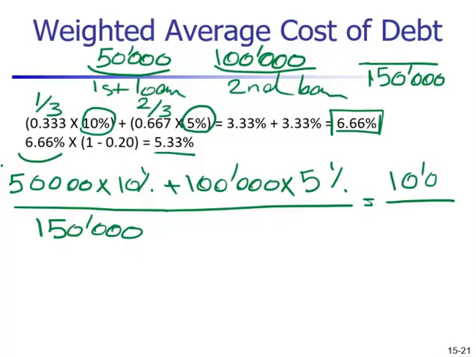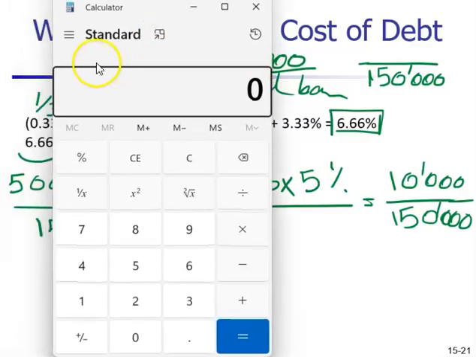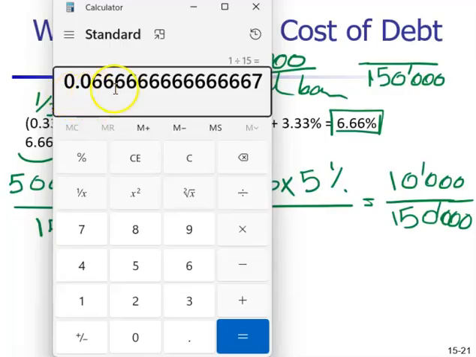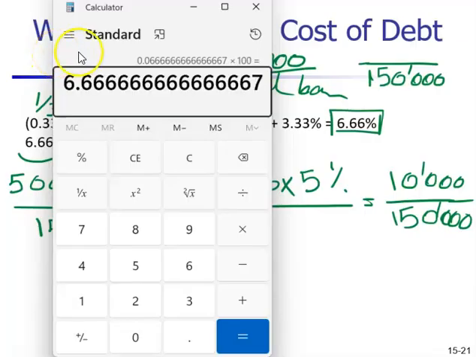So you have 10,000 over 150,000. If you have done this math, that's absolutely correct. And I'm going to show you here that 1 over 15. You see, the same answer as here. Anyway, you are more comfortable and you understand it, better go with that.